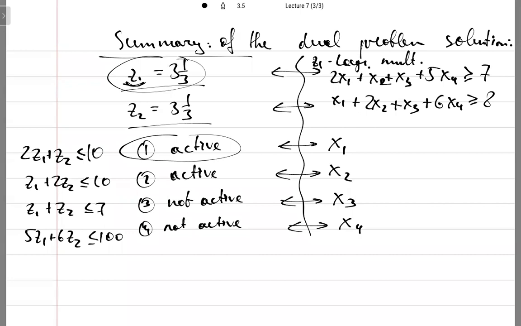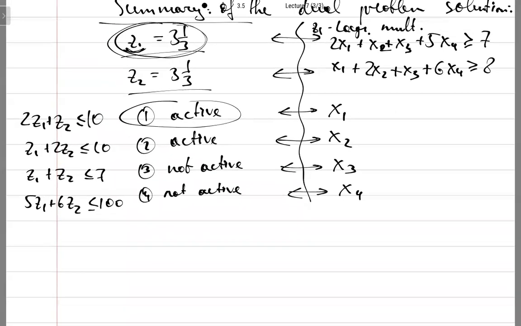If the Lagrange multiplier is positive, what is the conclusion about the inequality? If lambda is positive, then the inequality is active, non-active?